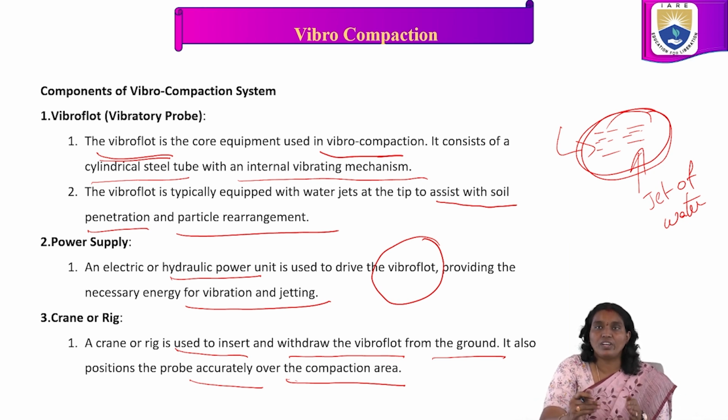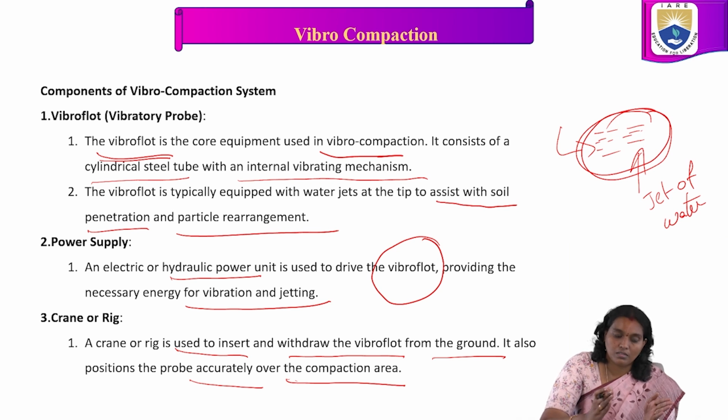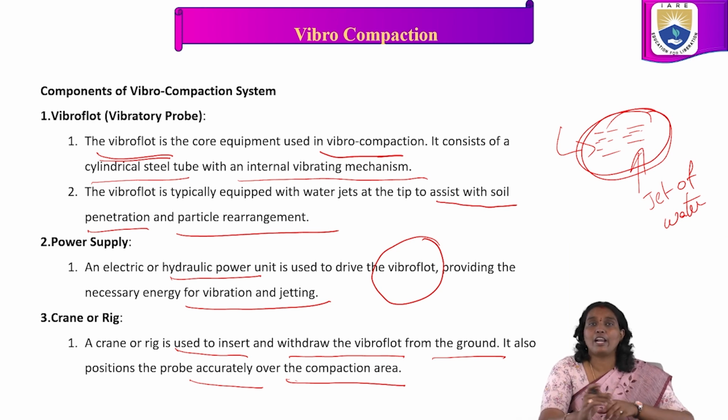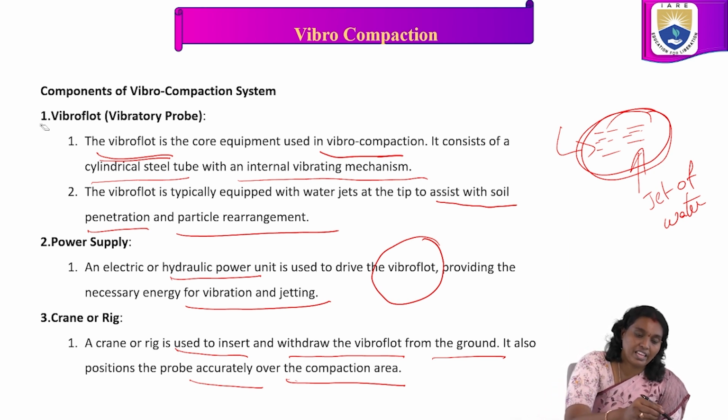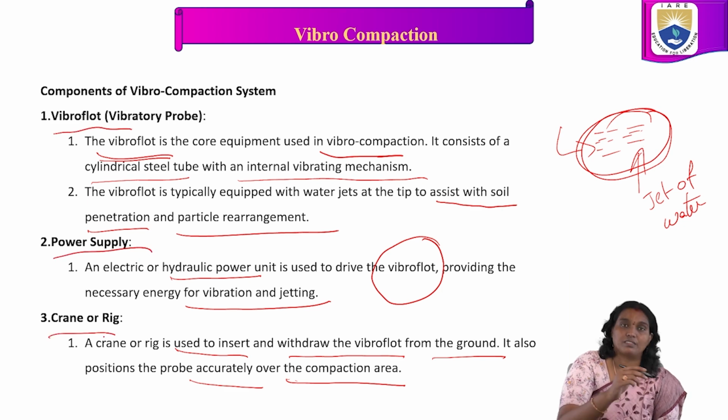It is also helpful for locating the exact positions. So these are the three various components which we use for vibro compaction.